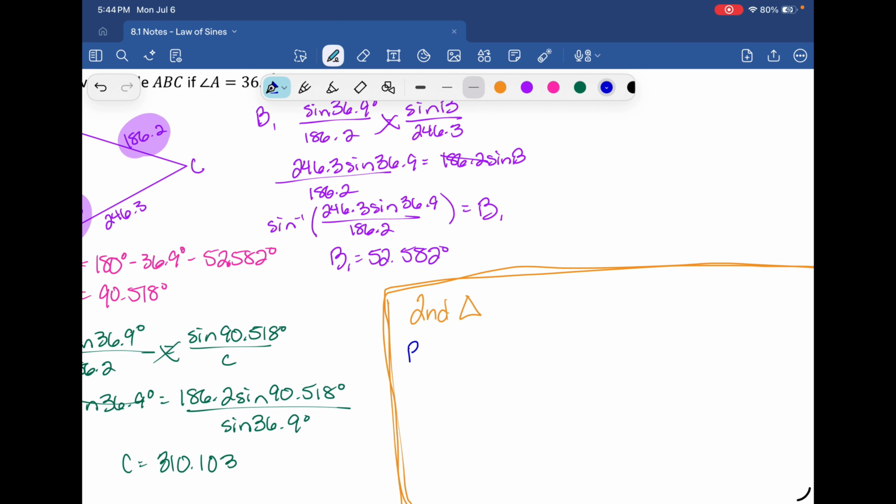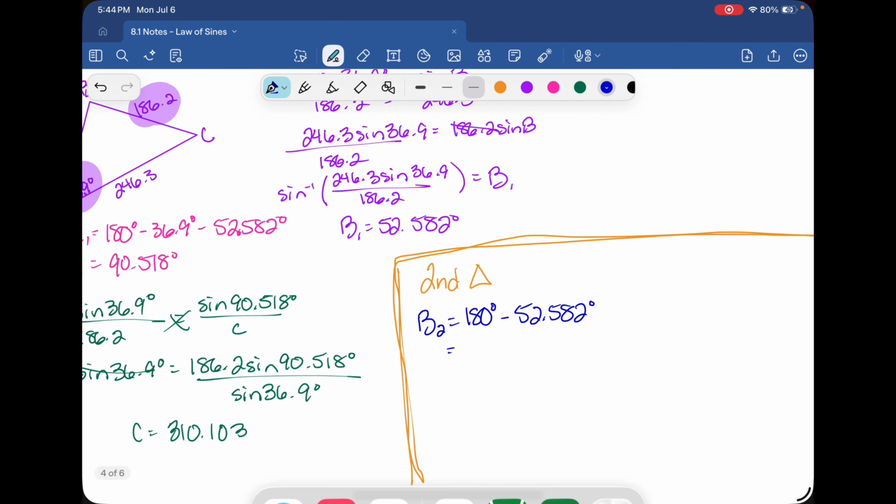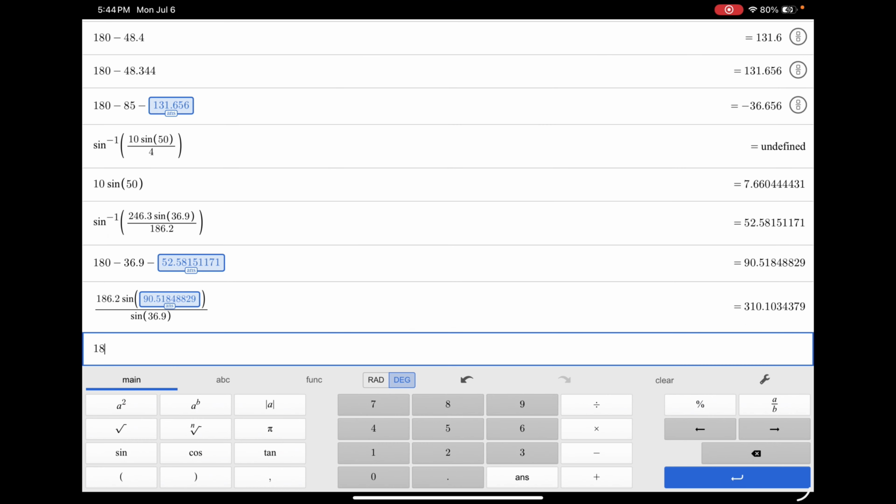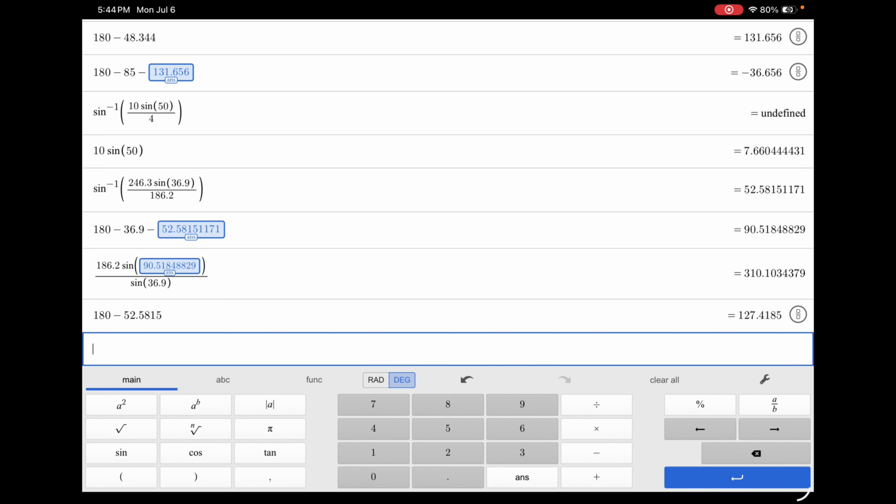So angle B2 equals 180 minus B1. So 180 minus 52.5815, 127.419.